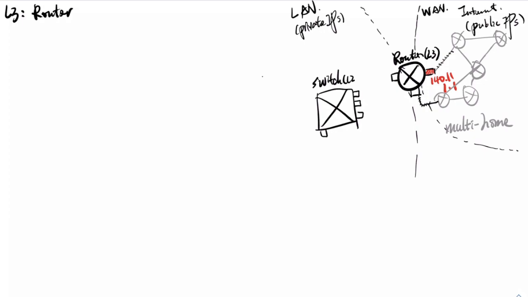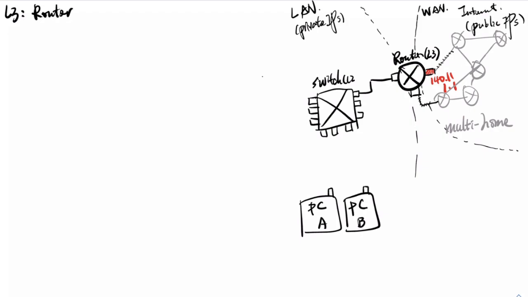Every square here is a port on the switch. We connect the router to a switch so you have more ports on the switch, for example, to connect the PCs in your LAN. We have a PC right here, and a PC right here.